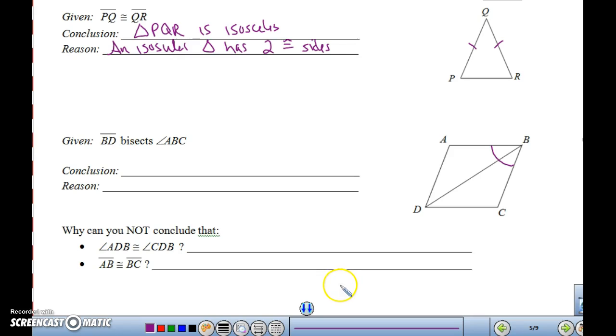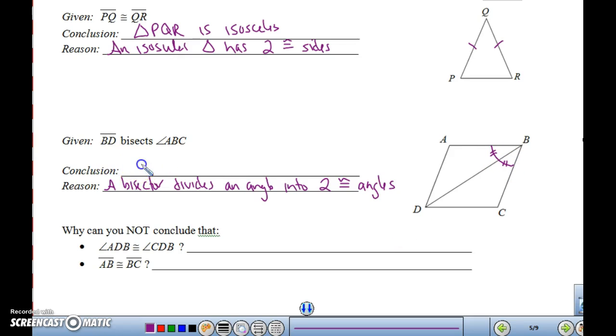Well, if it's an angle that's being bisected, a bisector divides an angle into two congruent angles. So if you're dividing an angle, you get two congruent angles. So if this angle is being bisected, what two congruent angles are there going to be? Well, this angle here and this angle here would be congruent.